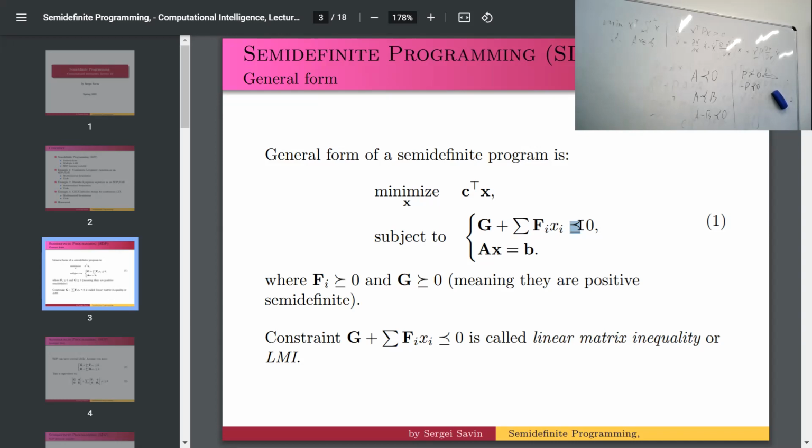Now, anyone wants to try? From the definition? What's the definition? The definition is positive semi-definiteness implies that for any x, x transpose P x is bigger or equal to 0. That's the definition.